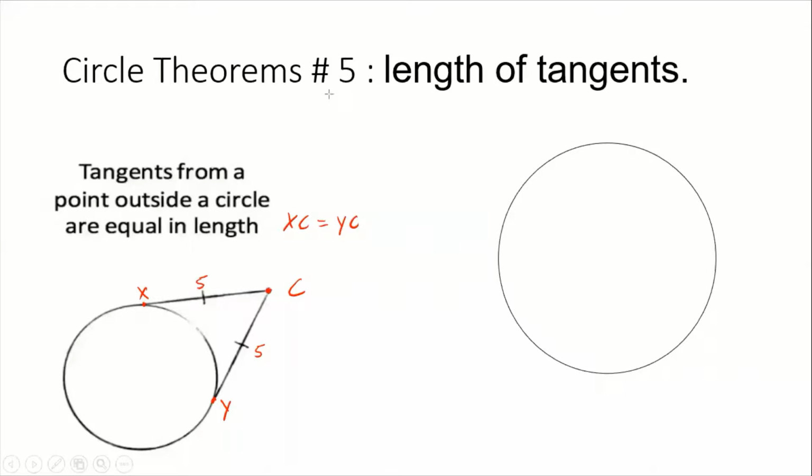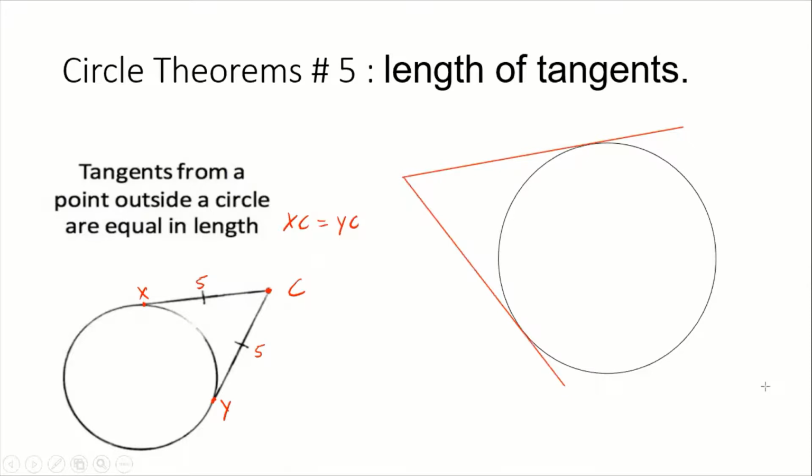So for example, I have a point somewhere. We have a tangent from here that goes towards the circumference and touches the circumference at a point, and then we have another tangent coming from that point that touches the circumference as well.